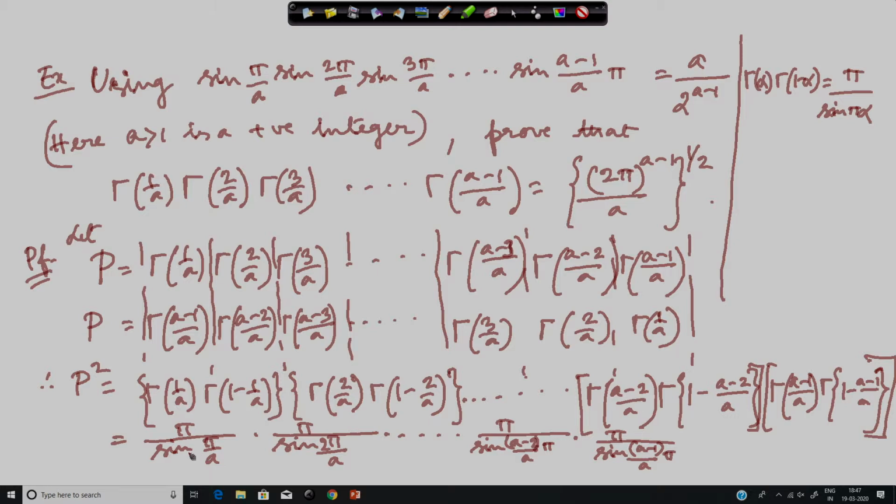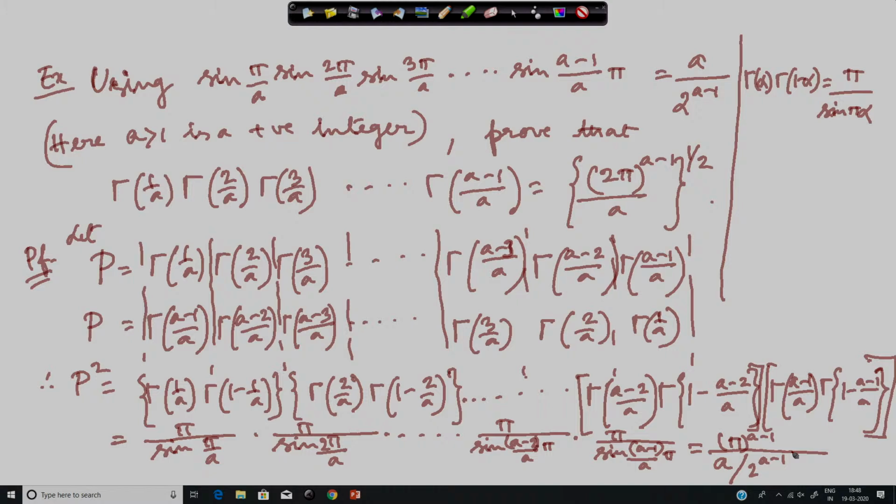You see 1, 2 up to a minus 1. So, if I take the product, the power of pi will be a minus 1. So, that will become pi to the power a minus 1 divided by, now apply the result, a by 2 to the power a minus 1.